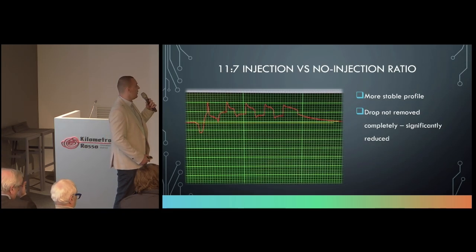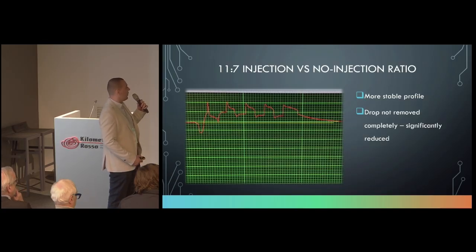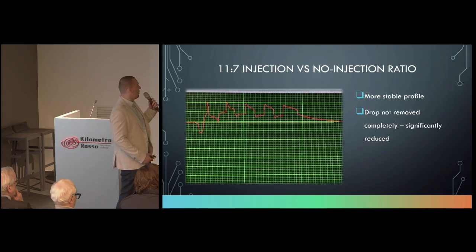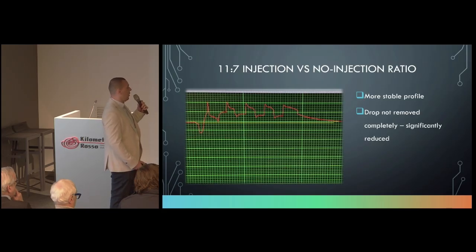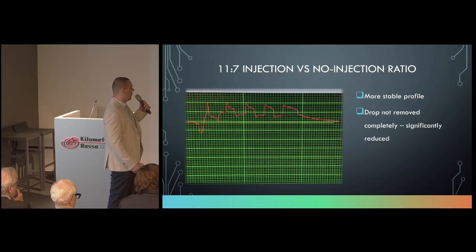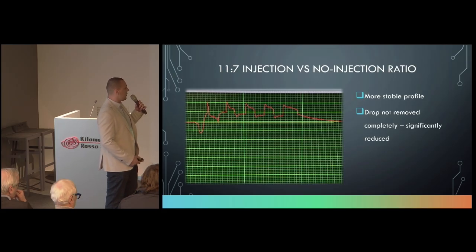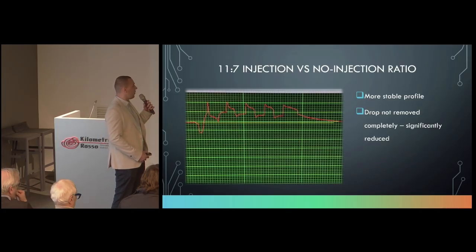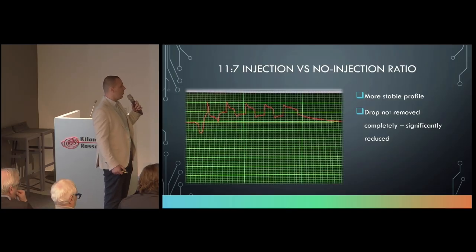We had a much more stable profile on this one, and we have a higher peak-to-peak value. The drop is not completely removed. In some cases it is completely removed, but for this one it's not, but it gives us a little higher peak, so that's the best one on average also. So I decided to provide this one.